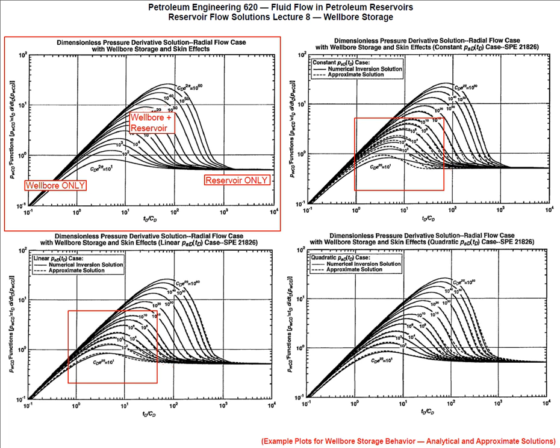There is no use of a constant PSD in the application. There is no use of a linear PSD in the application. There is no use of a quadratic PSD in the application. We use the actual PSDs in the application. In other words, to generate these curves, I actually used the correct PSD function.